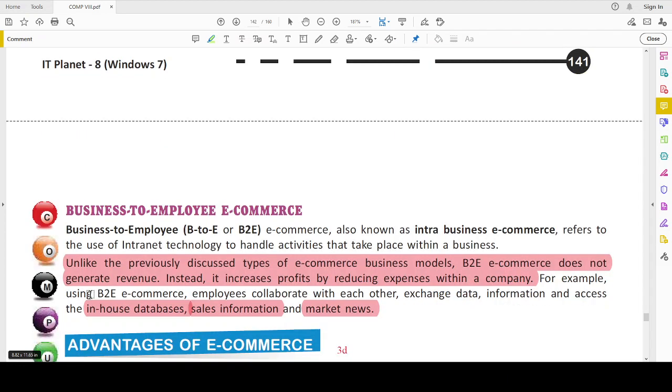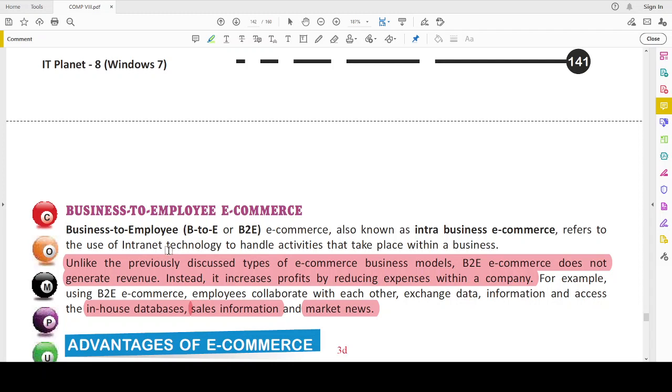Next is business to employee e-commerce. So what happens in business to employee e-commerce? Here no revenue is directly earned. The employees of a business use the intranet of the business to share data and information with their colleagues.